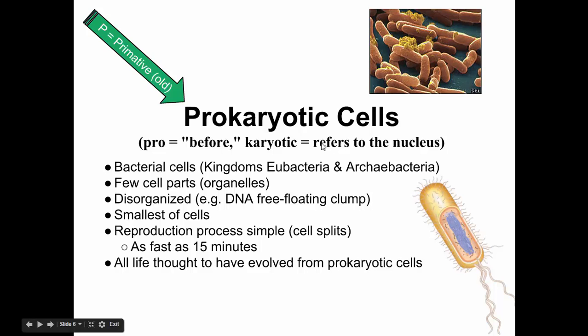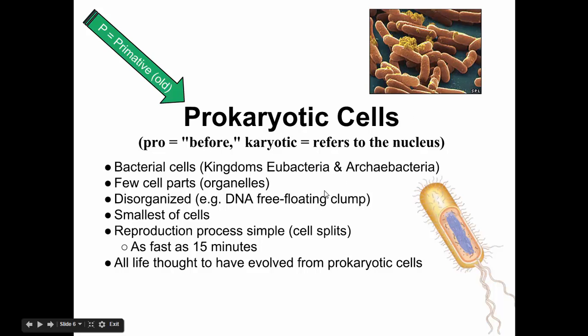A good way to remember this is think of the P in prokaryotic as being primitive or old. And if we want to break down the word, pro means before, and karyotic refers to the nucleus. So these cells are before nucleus, so they don't have a nucleus in them.